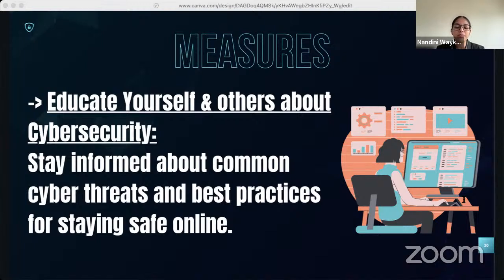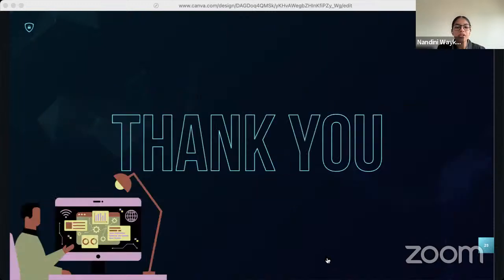So today we have completed all of the measures. In conclusion, cybersecurity is a critical aspect of our digital lives, and it is essential to prioritize proactive measures to protect ourselves and our sensitive information from cyber threats.